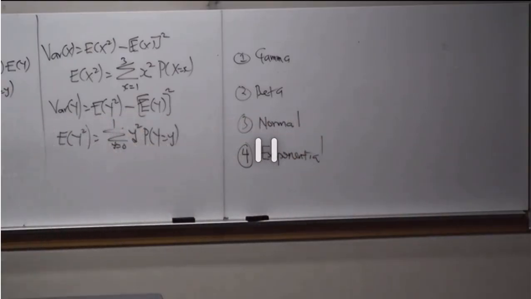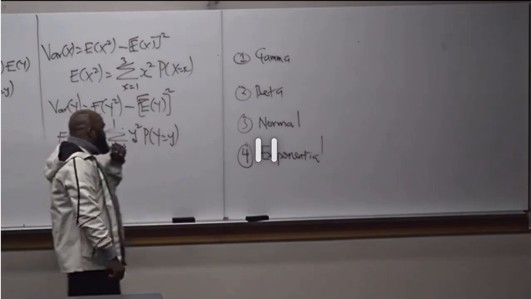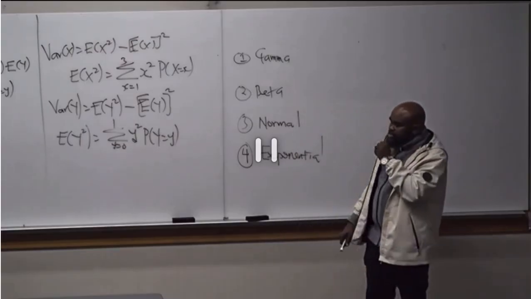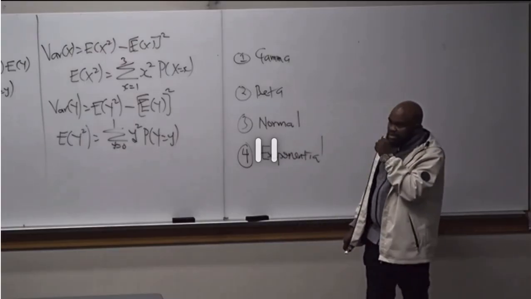I'm going to say that again. The second part of the question: I'm going to give you a moment generating function of one of these four, and I will ask you to derive the mean and variance.